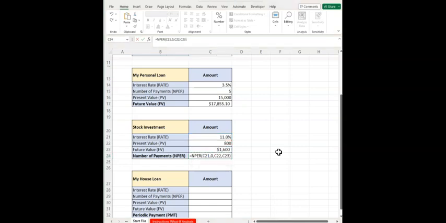Now again, if I hit enter, I'm going to get a negative value. So I need to change the sign of either my present value or future value to negative. And this is my way of telling Excel that one of the amounts is an inflow and the other is an outflow. So I'm going to insert negative right before my future value.